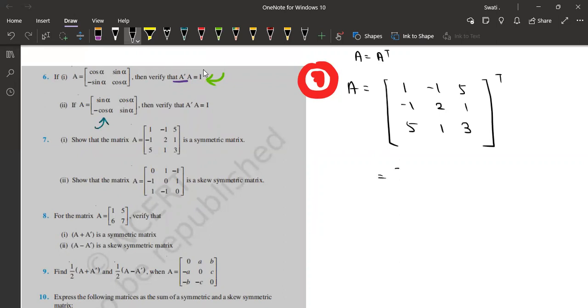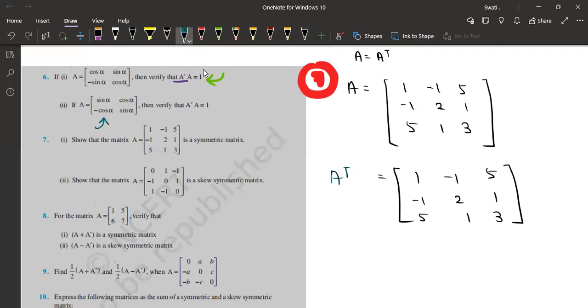So if you find the transpose of this, the first column will become the first row. So 1, negative 1, 5, right? 1, negative 1, 5, and then negative 1, 2, 1, and this is 5, 1, 3. I can just do one thing, this will be a little simple. That was A only, and this is A transpose.